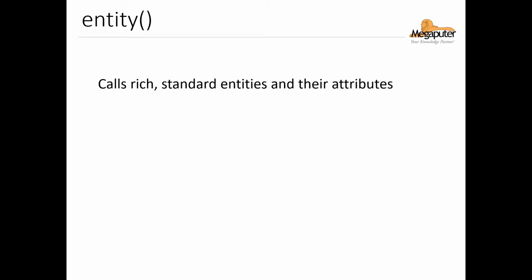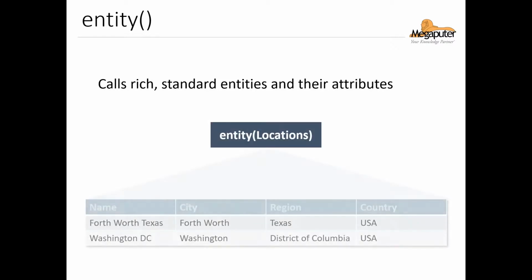So the entity function allows you to use the rich information that you already extracted with the default entities. So for example, with the locations entity, you would call it like this. And by using this function, we'd be able to access the following results from the location entity we extracted earlier.